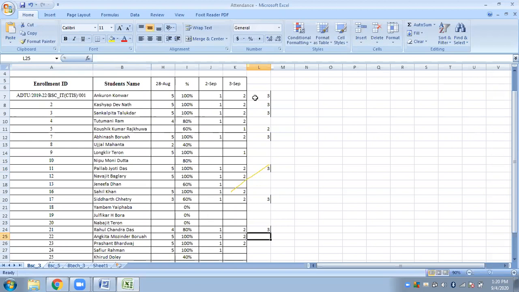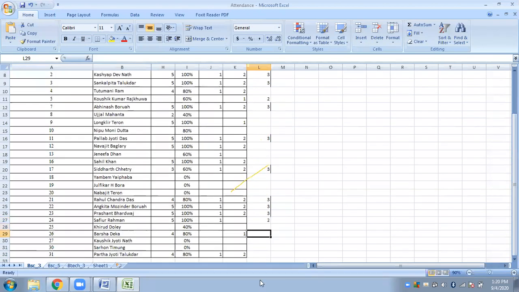Ankita, Prashant, present, ma'am. Safir, yes, ma'am. Khirut, Barsha, present, ma'am. Sarhon, Partha. Okay, have I given attendance to all? Please check.